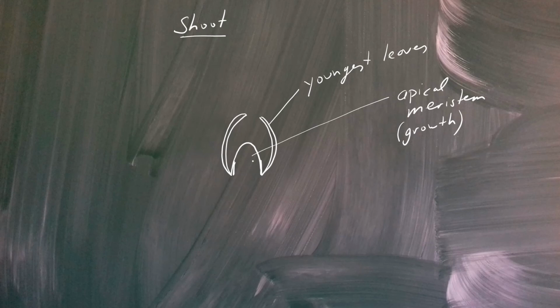And then you also have another leaf, and those further down. We go down a little bit here, okay? You have over here some buds, and those buds will actually form side shoots. These are buds.